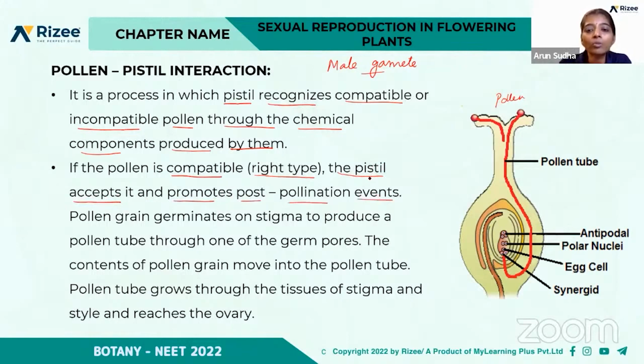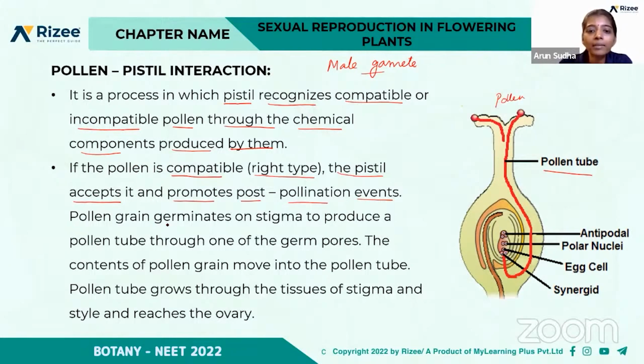So how do the post-pollination events happen? When the right pollen sits on the stigma, it leads to the formation of a pollen tube, right? If the pollen tube is formed, it shows that the pollen is compatible. So if the pollen is compatible, the pistil accepts it and promotes the post-pollination events.